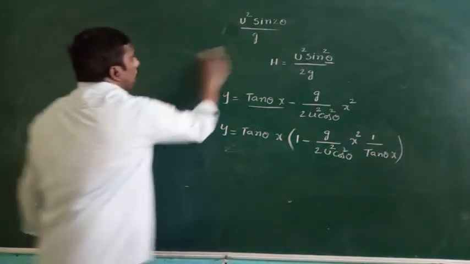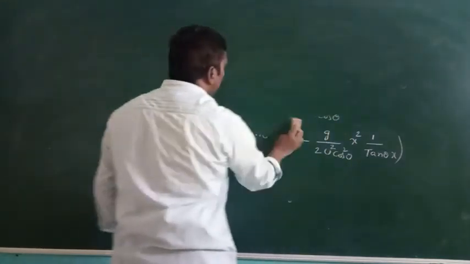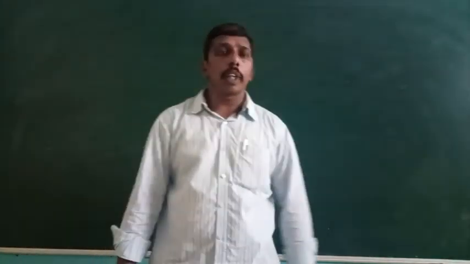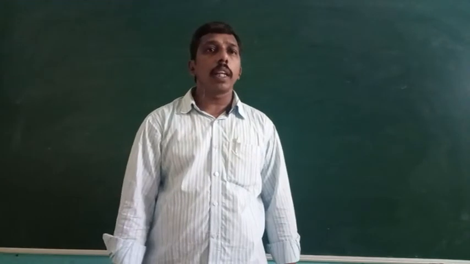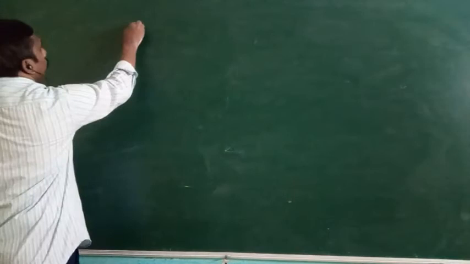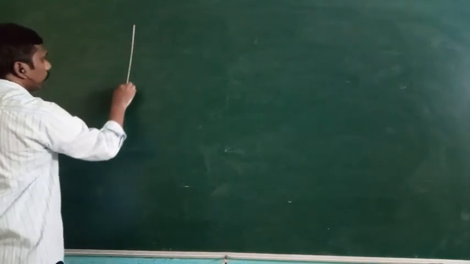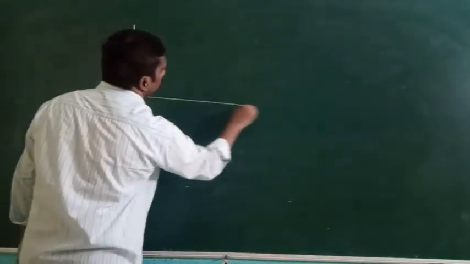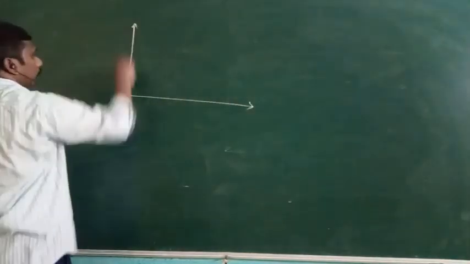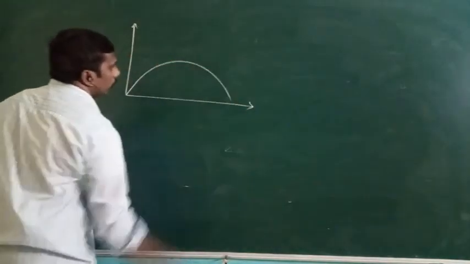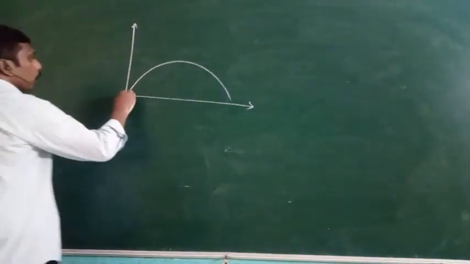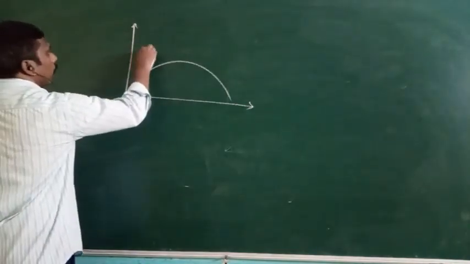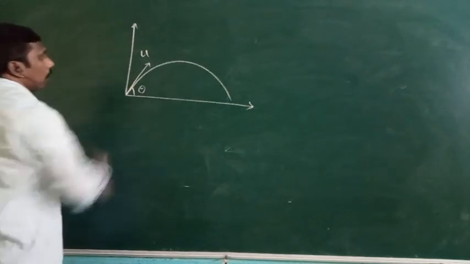And next, in exams we will generally ask questions like this: what is the angle between velocity and acceleration in projectile motion? Velocity and acceleration relation. So a projectile is projected with initial velocity u, making an angle theta with horizontal.